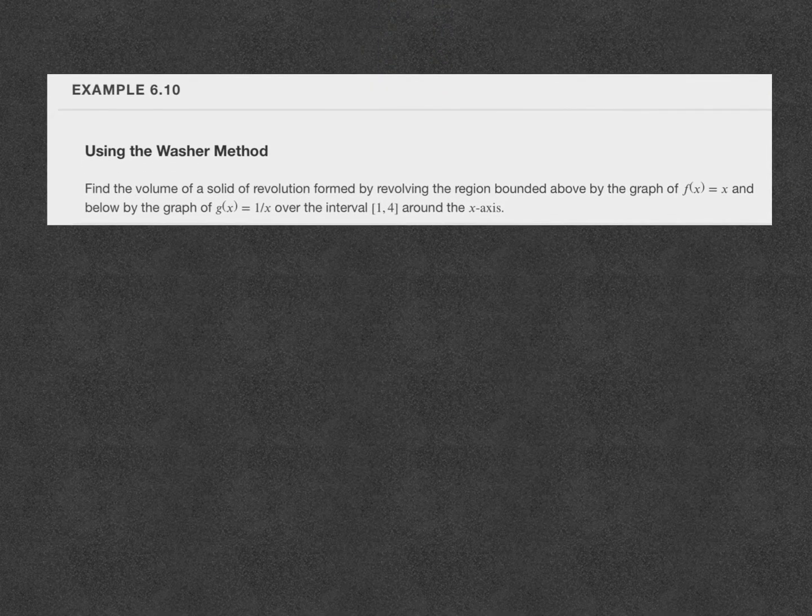So our functions are y equals x, or f of x equals x, and g of x equals 1 over x over the bounds from 1 to 4. Our y equals x function just is our 45-degree line, like that. F of x is equal to x, and g of x equals 1 over x.